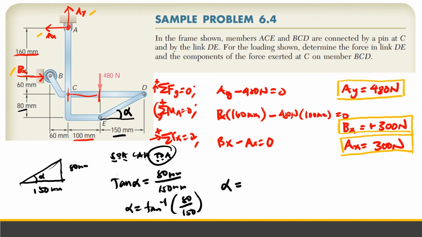So, therefore, our alpha is equals to 28.07 degrees. Okay, so, nasolve na natin yung alpha. And then, i-dismember na natin yung frame. So we now dismember the frame.